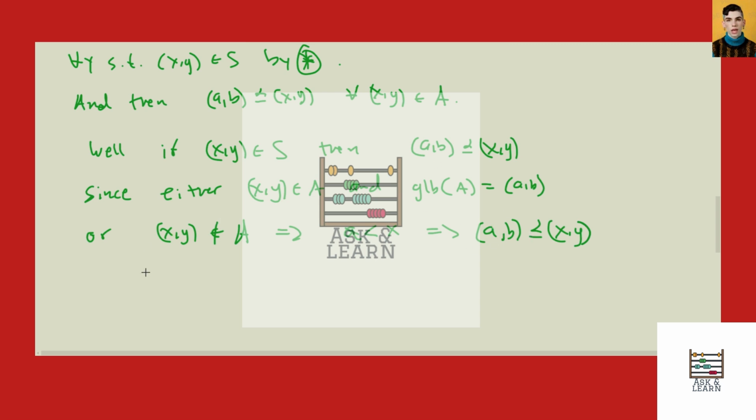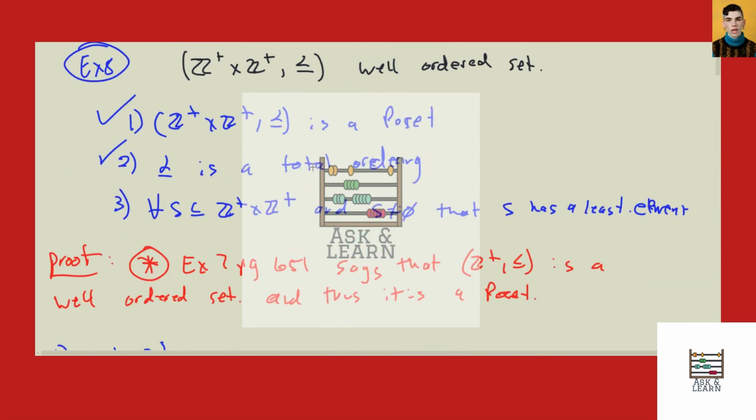So now this implies that AB is a least element. So, and that's what we wanted to show. Just double checking. So we showed that it was the least element, and so that was the last thing we needed to do.